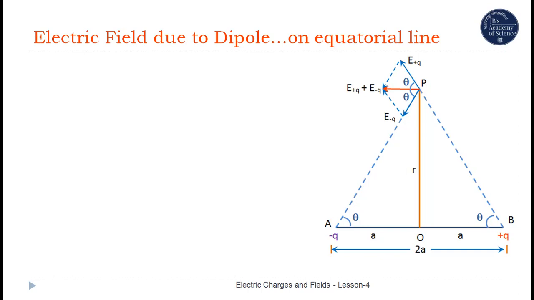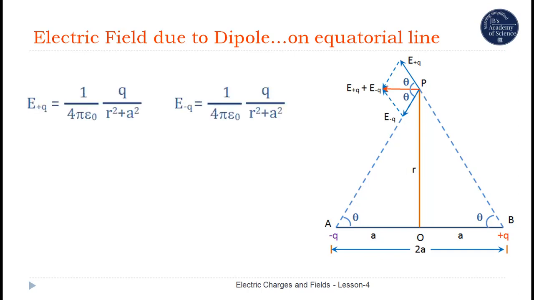Now, we have to find the electric field due to the dipole at P. To find the electric field at P, first we have to calculate the electric field at P due to the plus Q charge and due to the minus Q charge separately.